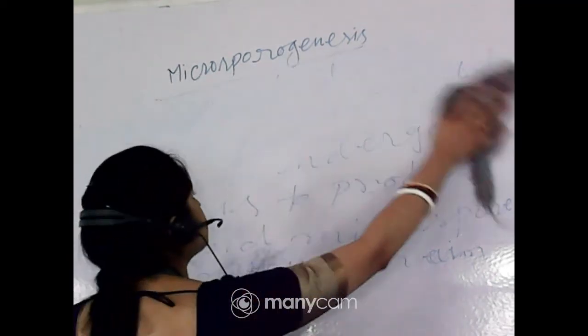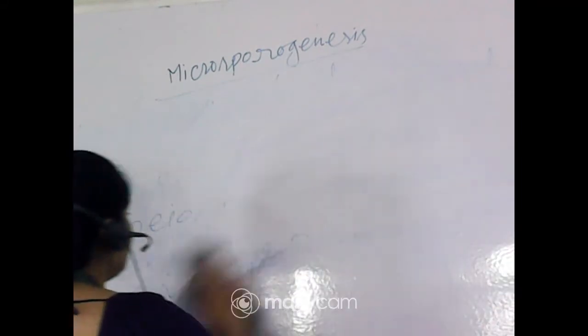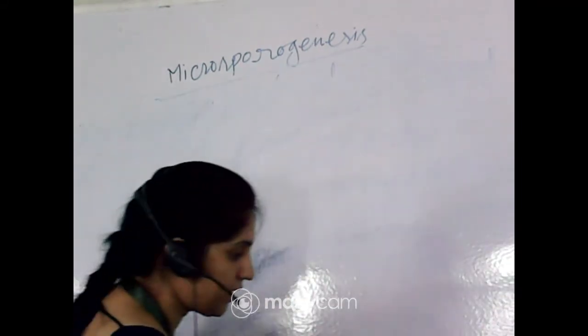Now the pollen grains come out when the anther matures, with the line of dehiscence.